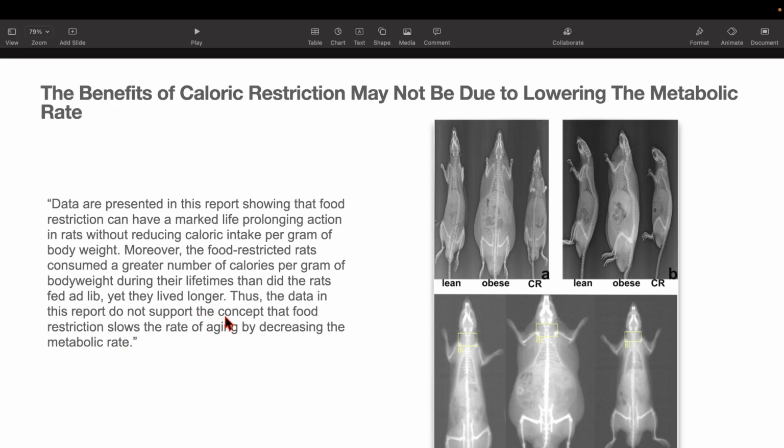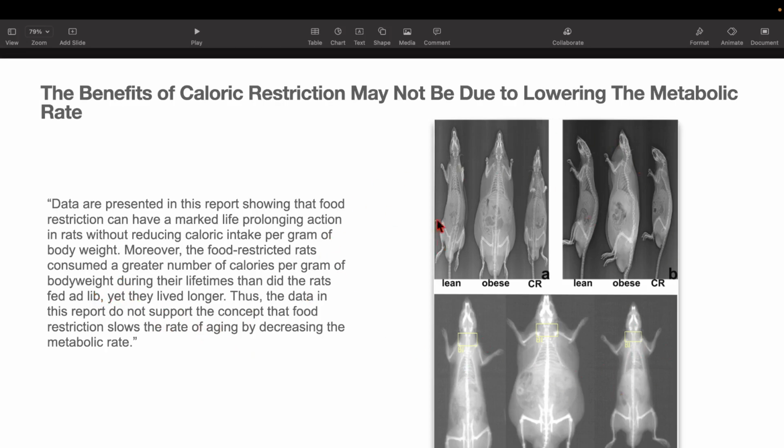So what we're seeing here is that rats that were calorically restricted lived longer, but they actually wound up eating more calories per gram of body weight. So per gram of their body weight, they took in more energy than the rats who were fed ad libitum, or allowed to eat as much as they wanted to. So essentially, the calorically restricted rats had an increased metabolic rate comparatively to the ad libitum fed rats.